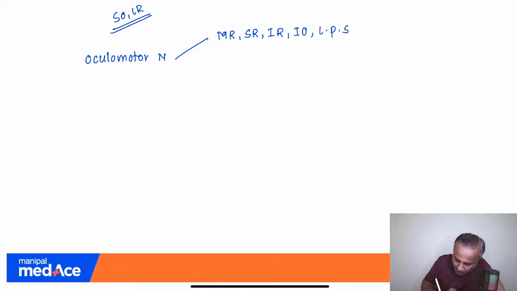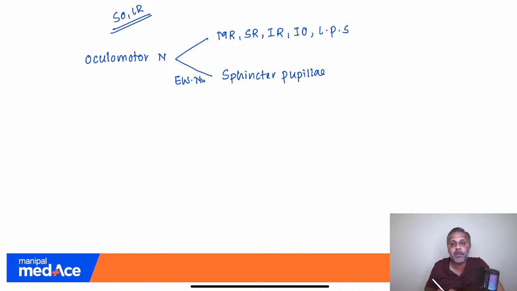Then, if you remember, the Edinger-Westphal nucleus, which is associated with the oculomotor nerve, innervates the sphincter pupillae. Now, what is the action of sphincter pupillae? Sphincter pupillae brings about constriction of the pupil.